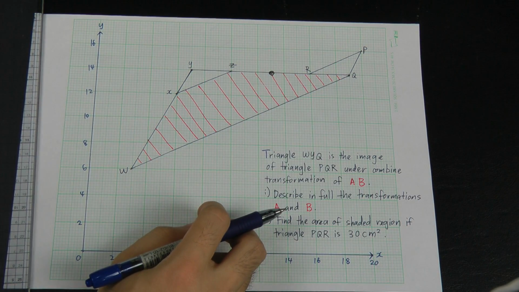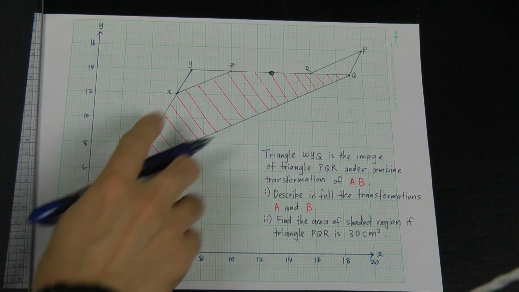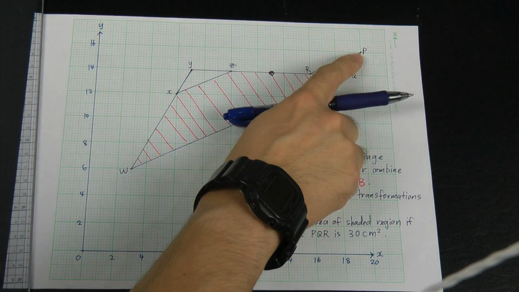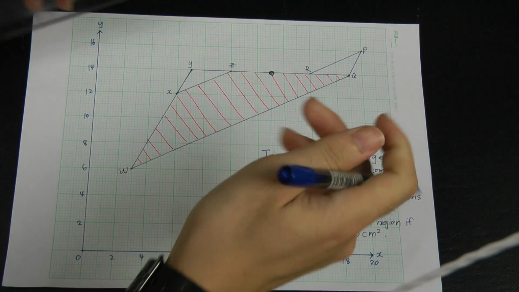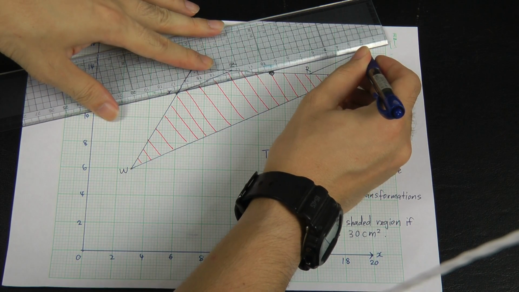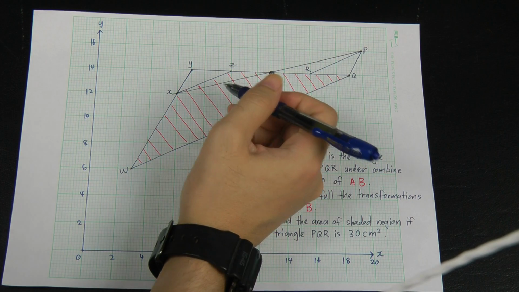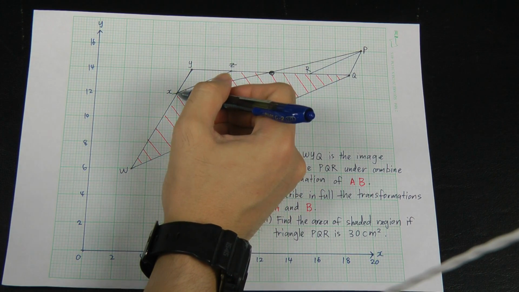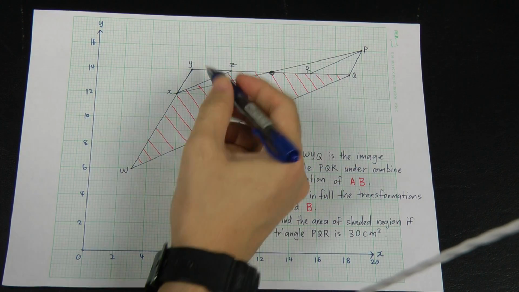Okay. However, in order to prove me correct, I'm going to use the ruler to connect coordinate X to coordinate P. And you will find out that when I connect coordinate X to P, same thing, it passes through this point.